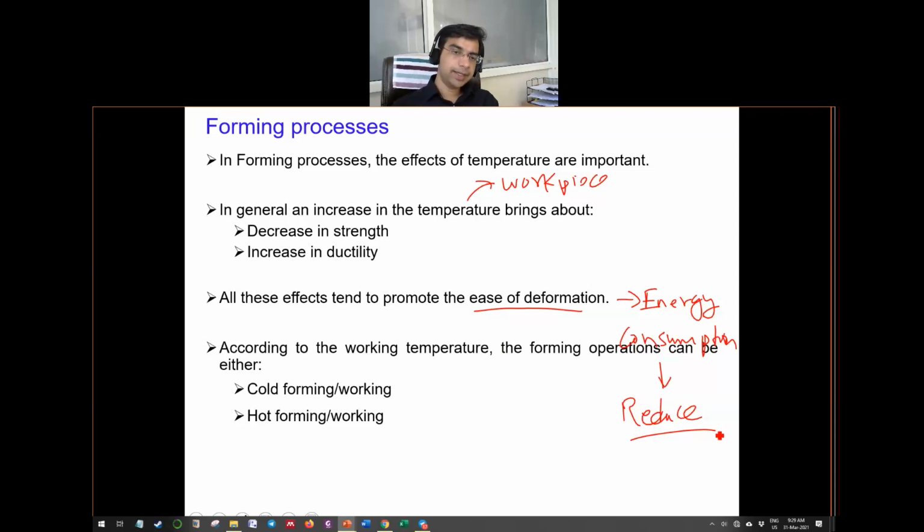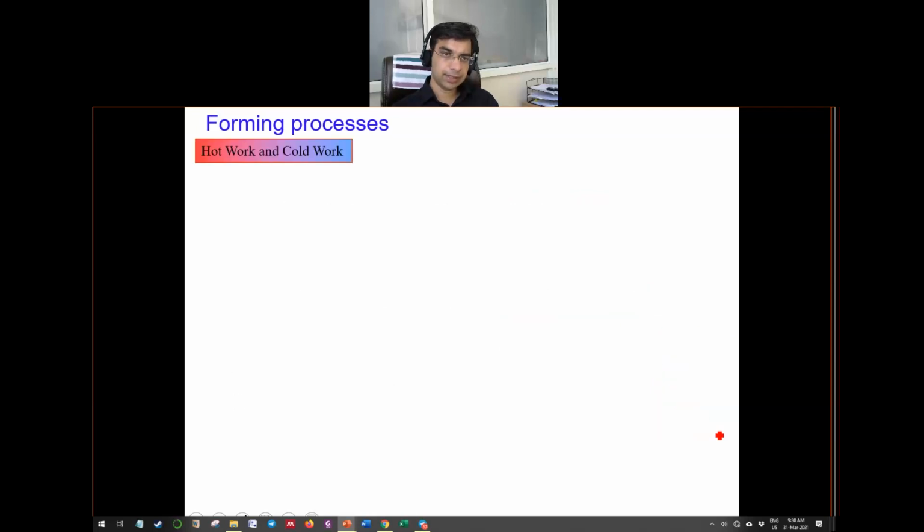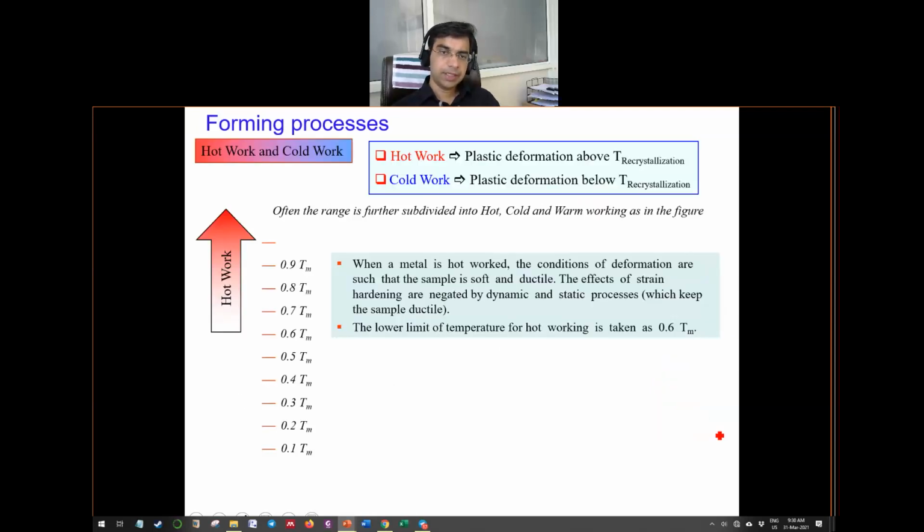Based on this working temperature, the term given to the temperature which is used to basically make the process either a hot working process or a cold working process, there is a specific temperature which I will discuss now. This specific temperature which is taken into consideration is known as the recrystallization temperature.